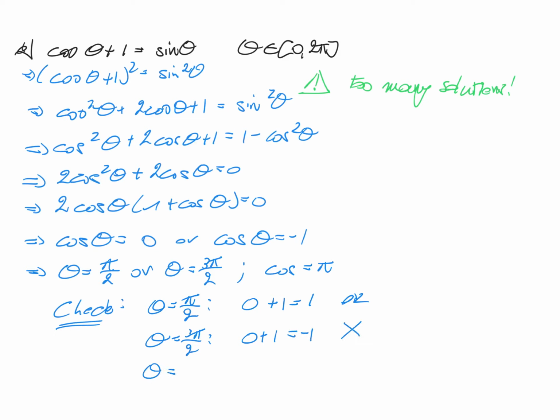If theta is pi, then we get the cosine of theta is minus 1 plus 1 equal to the sine of theta is 0, so this one is okay. So in the end, what we see, we have two solutions. Theta is pi over 2 and theta is pi. And the solution 3 pi over 2 is not a valid solution because the left-hand side has a positive sign, the right-hand side has a negative sign.